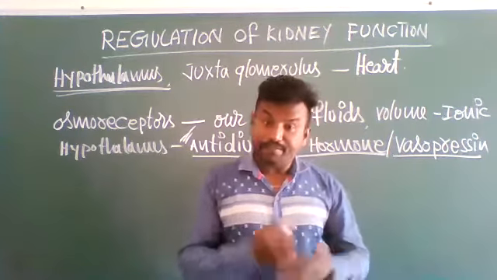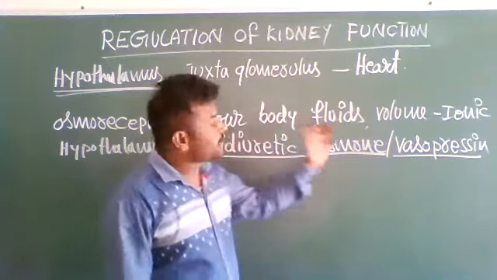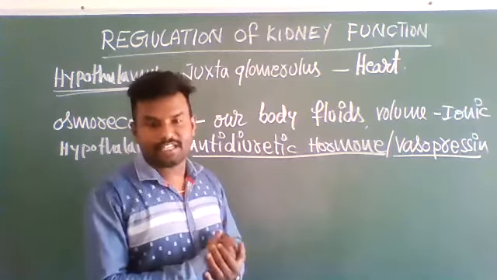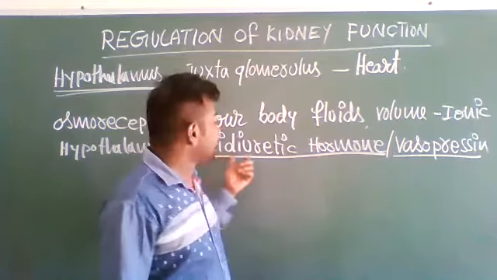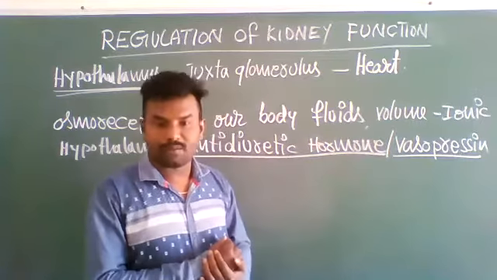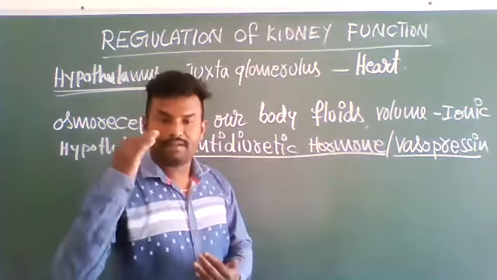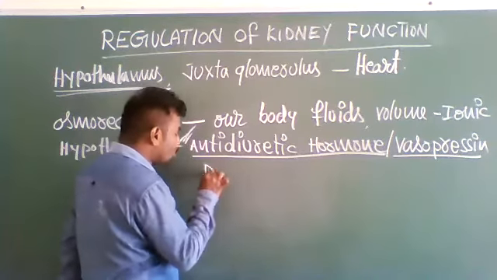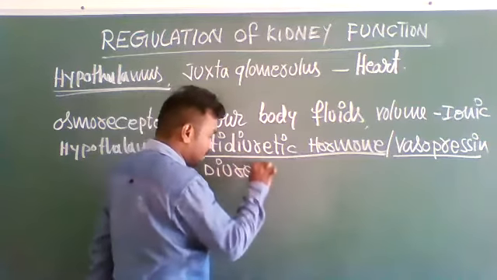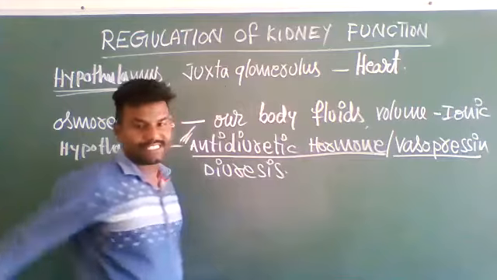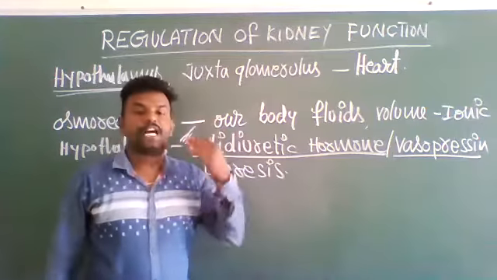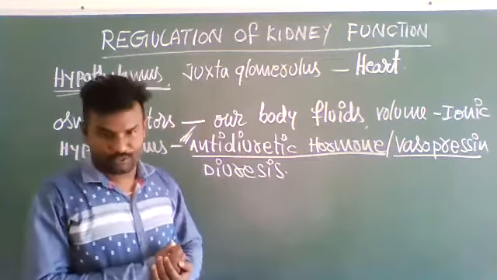But when our body fluids are completely low, what will antidiuretic hormone or vasopressin do? It will prevent diuresis. Diuresis means loss of water through urine.